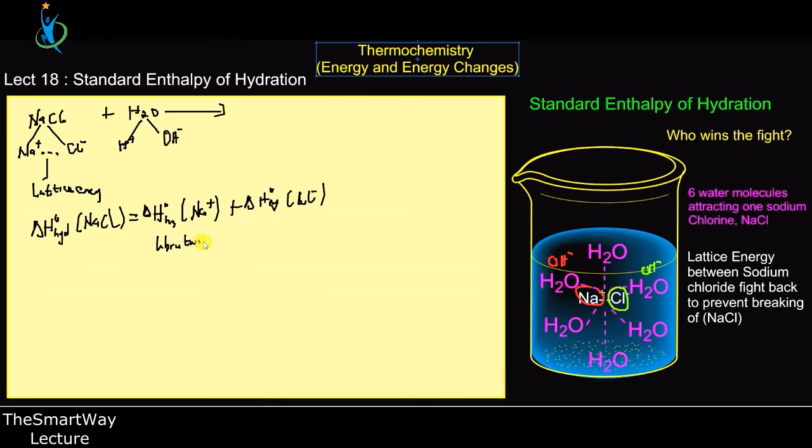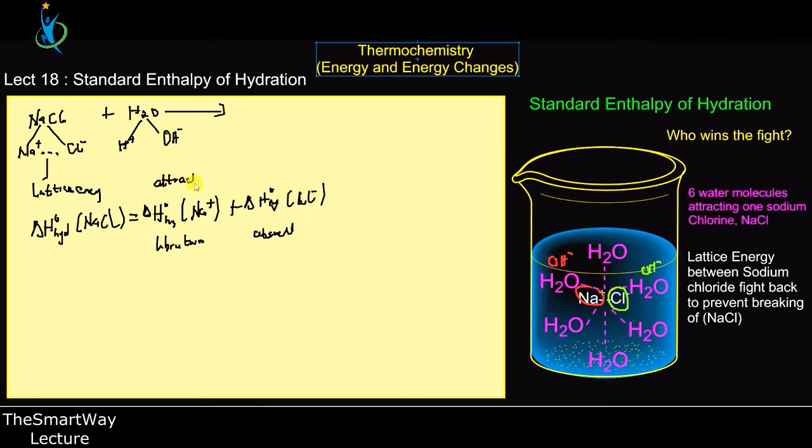But this is liberation, otherwise exothermic. Okay, this is liberation, and this is what we call absorption. Why? This is a repulsion, this is an attraction, generated through attraction of the negative side of the water and the positive side of the ionic compound.